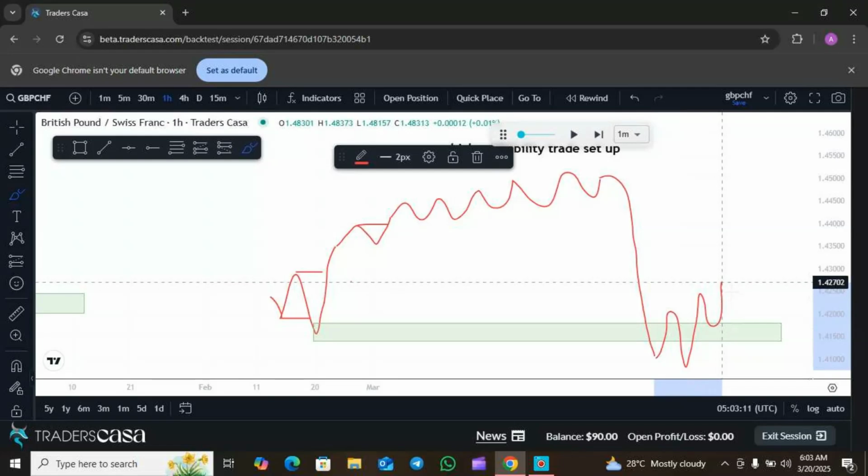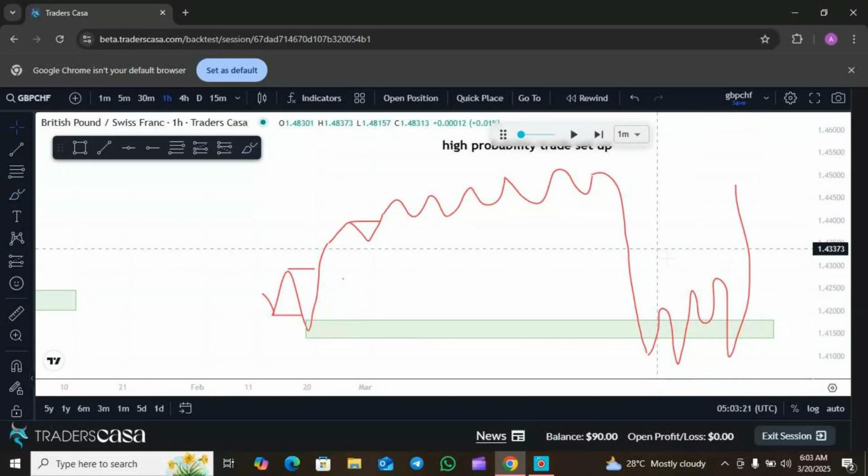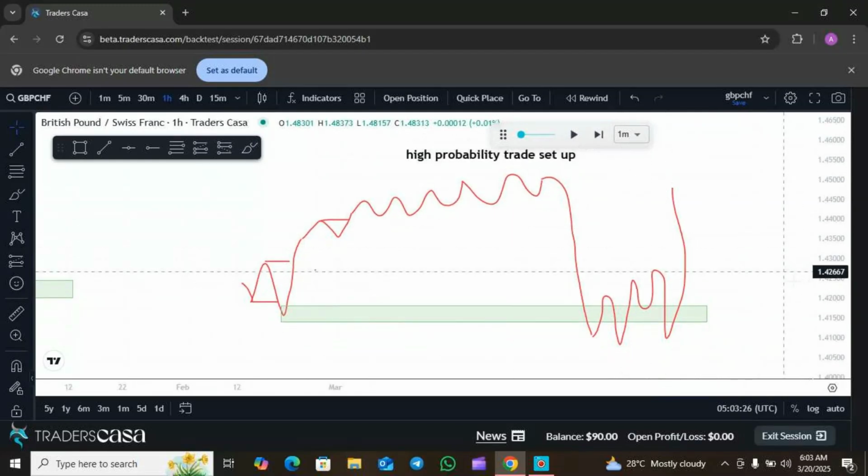Then you have an inducement. Price will then come to this POI and buy upward. So this is what I'm trying to explain.